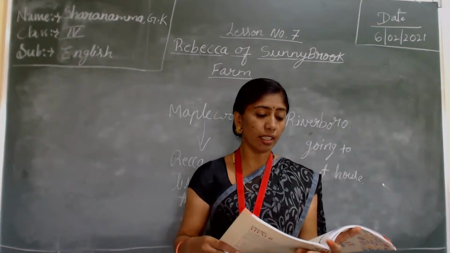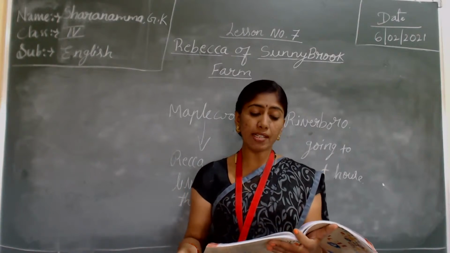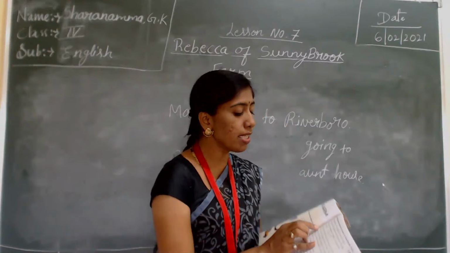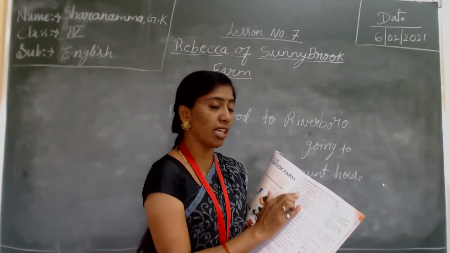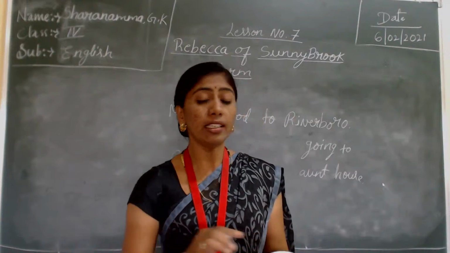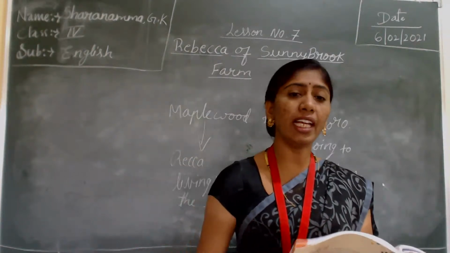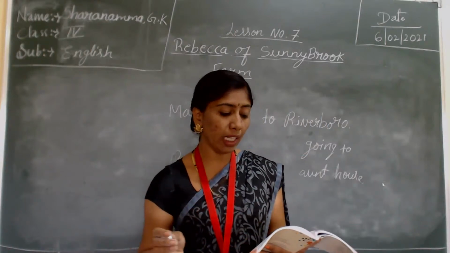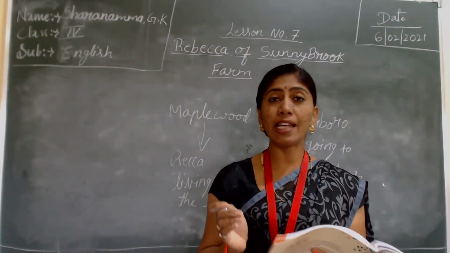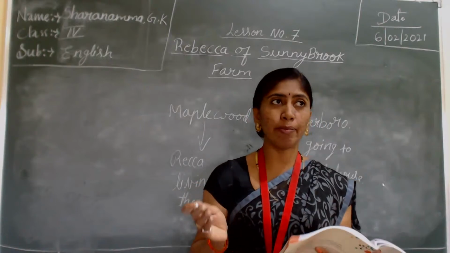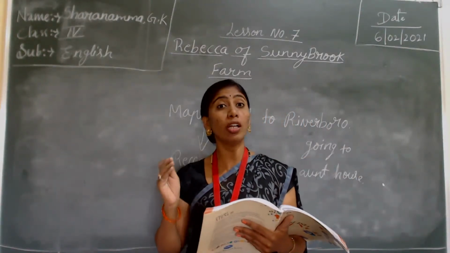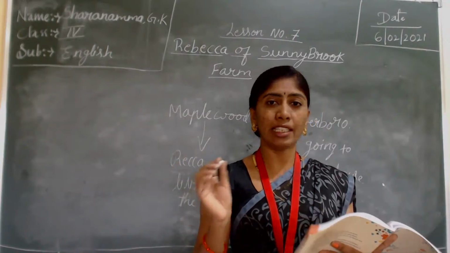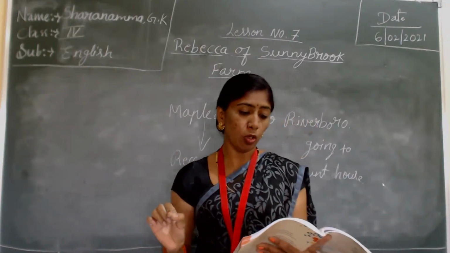Here, the person who rides the stagecoach is Mr. Jeremiah Cobb, a very kind person. He used to do his work very promptly. He used to deliver the mails, letters, or passengers from one place to another on time.